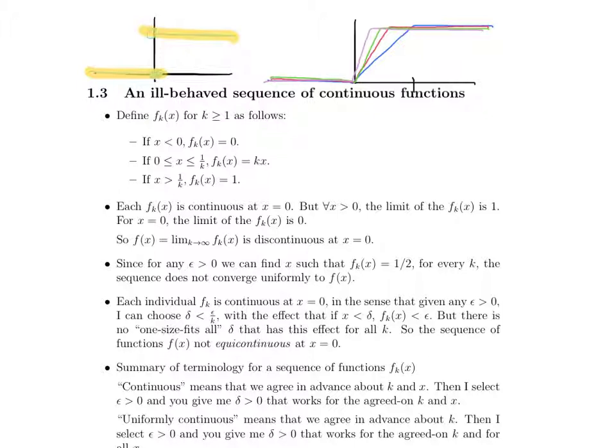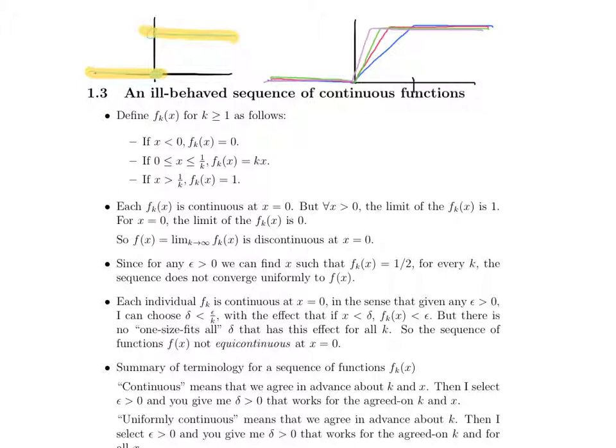And why is that, right? The real issue is that if you look at the same delta bandwidth right here, delta is the tolerance, the variance, the distance you can move around for inputs. The problem is that as k goes to infinity, the slope on this side here is getting steeper and steeper and steeper. And so what's actually happening as k increases is that the function values are getting further and further apart over a shorter and shorter band.